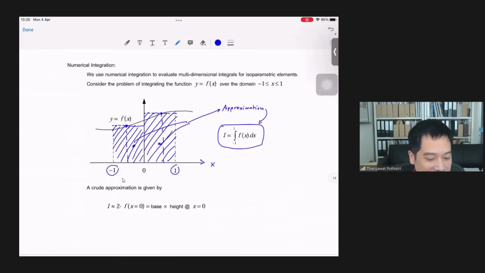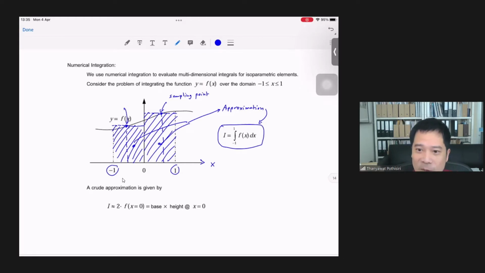So you can see that first of all, you need to have this point, representative points, which will be called sampling points. So this will be called our sampling point here. You can have 1 sampling point, okay? You can have 2 sampling points, 3 sampling points, or whatever sampling points you like to have, okay?